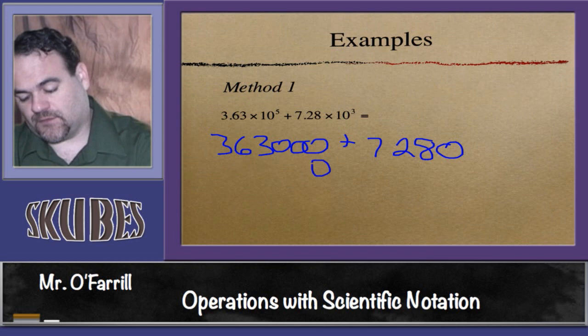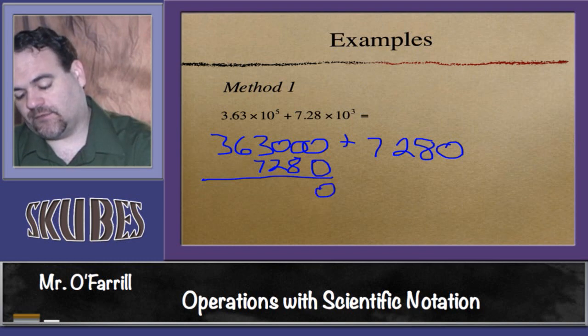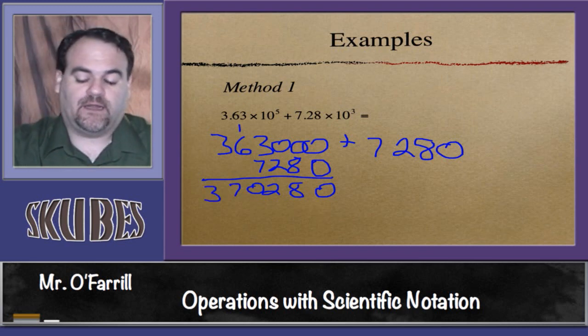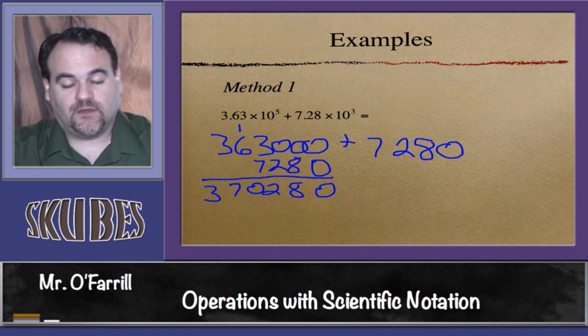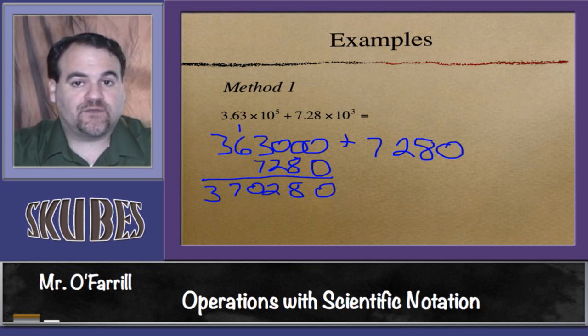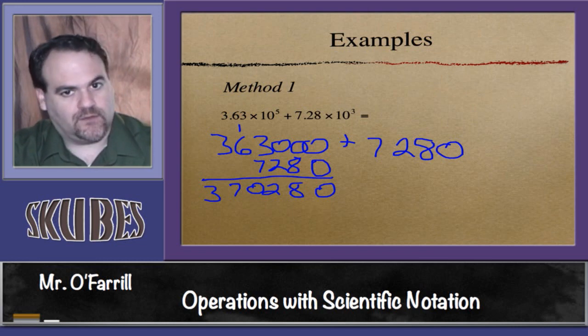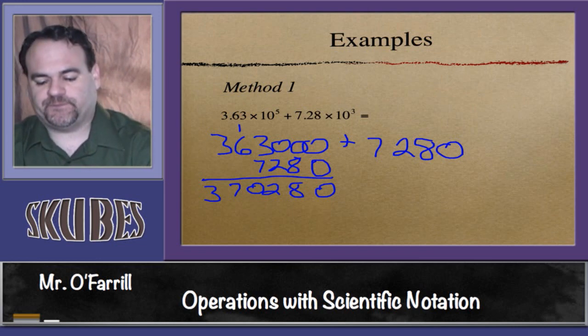And to do addition, we'll just go ahead and stack them vertically. The sum is 370,280. But since we started in scientific notation, we should end in scientific notation.